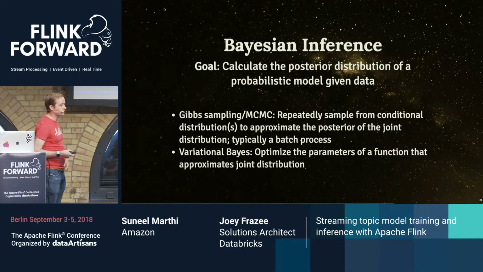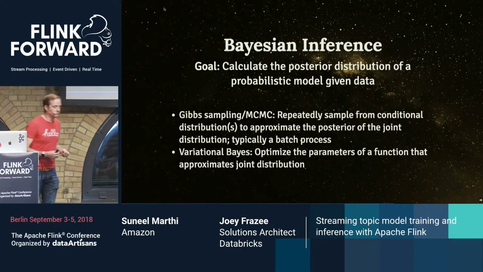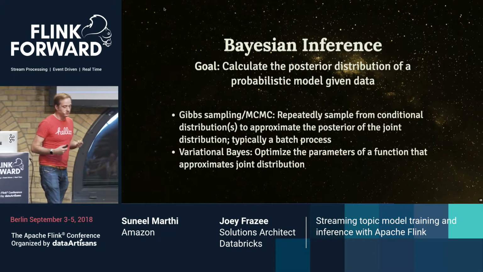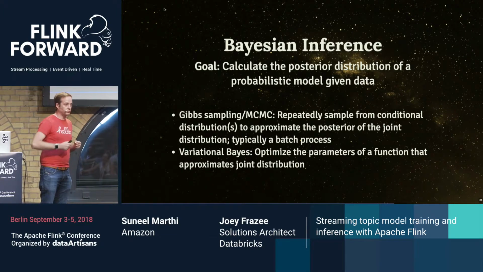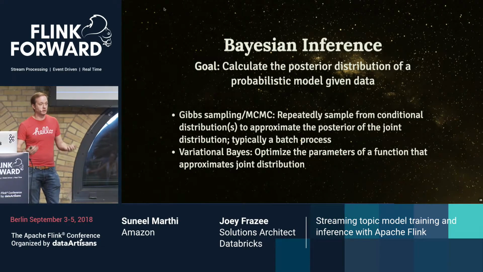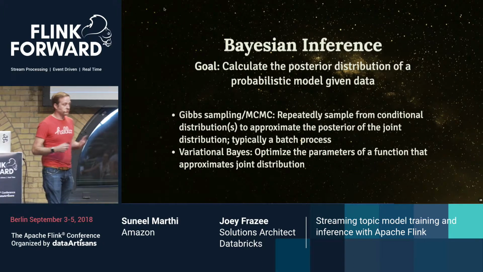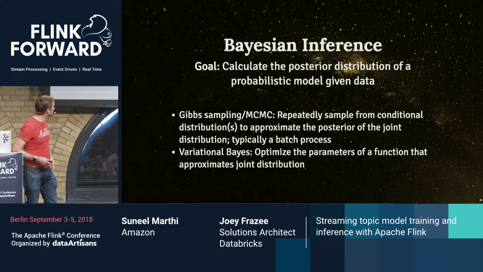To start things off, the LDA model is a probabilistic model, and what you really want to do is calculate the posterior distribution from the way that you break down the joint distribution. The plate diagram we looked at was telling us what the parts were in that model. What we want to do is figure out, on the basis of the data and our priors, what the actual distribution should look like.